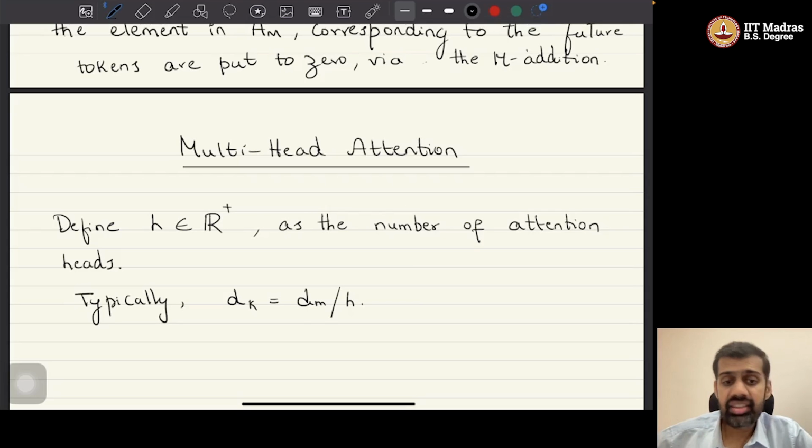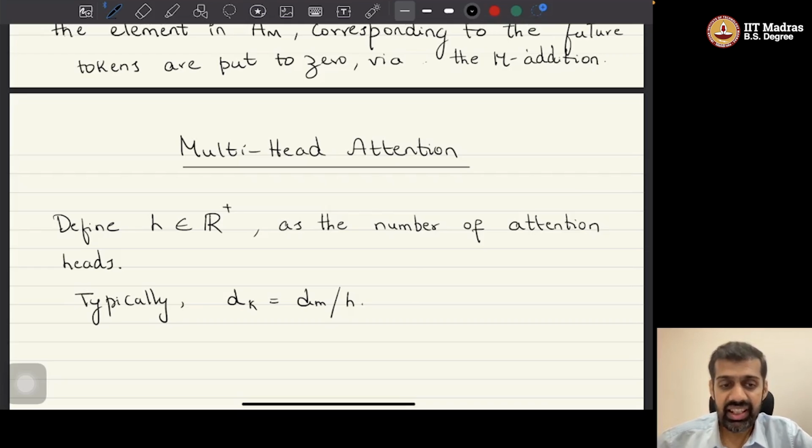Now the dimensionality of the query and the key matrices are made to be equal to d_m by h. So what is actually being done is, if the desired model dimension is, let's say, 512, and you want 8 attention heads, then you learn a query, key, and value for each of the subdimensions of 512 by 8.